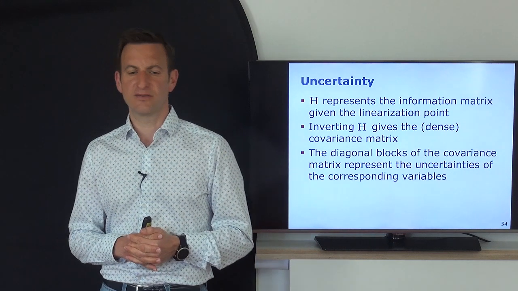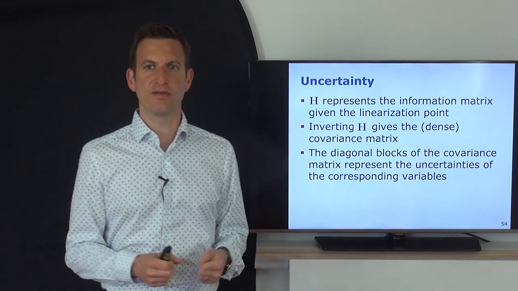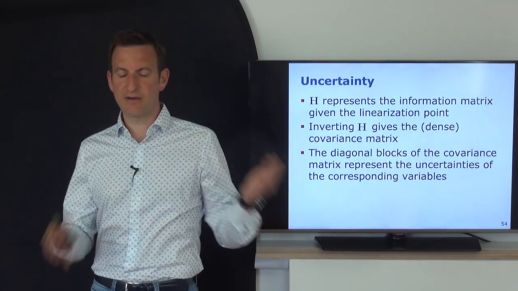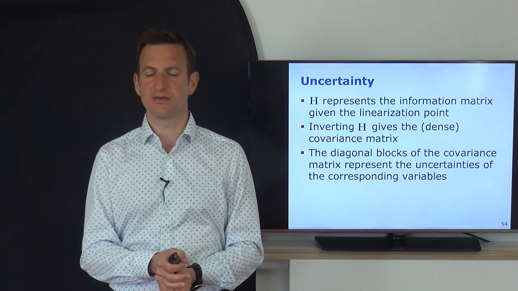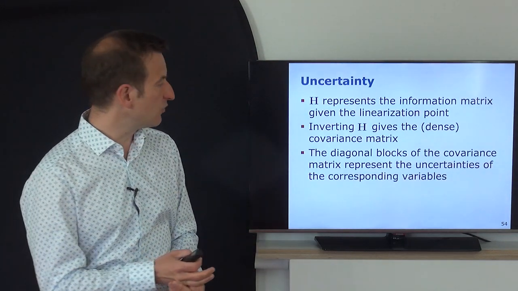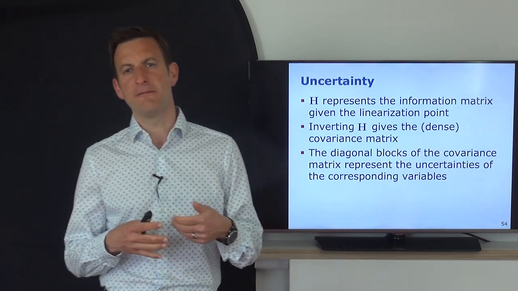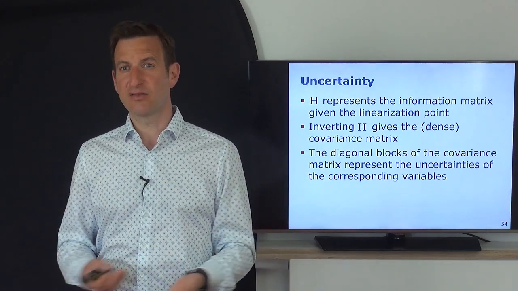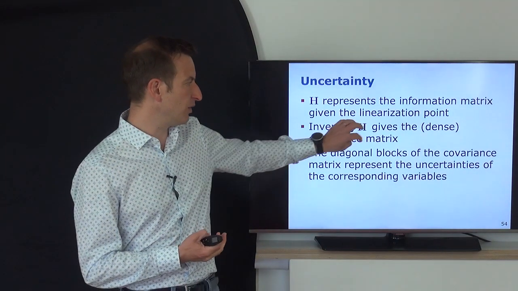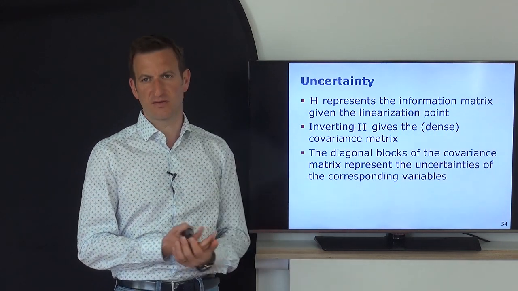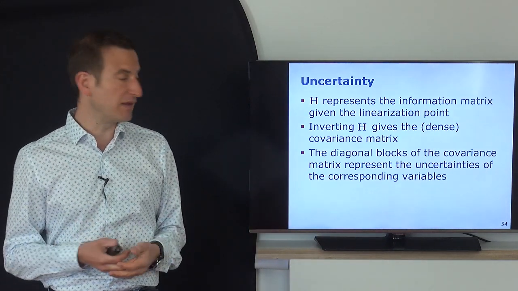So in order to obtain the uncertainty, my covariance matrix, I need to invert H. The only problem is that if we invert our matrix H, we typically get a dense covariance matrix, and inverting it is a computationally costly operation. As a result, we may want to use some tricks here and only compute parts of this uncertainty if we need it. But if you need the uncertainty of the overall system, that's typically the way to go.